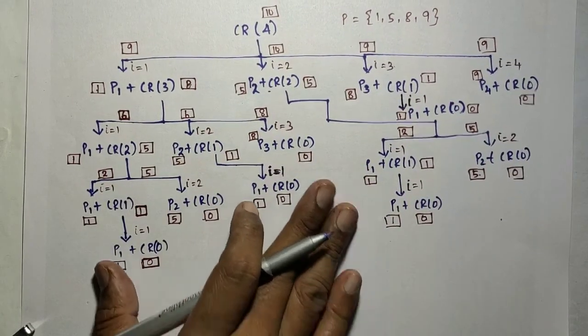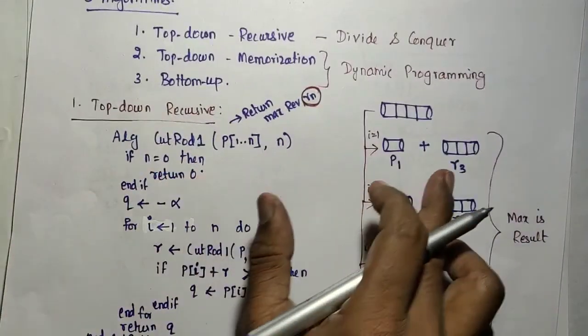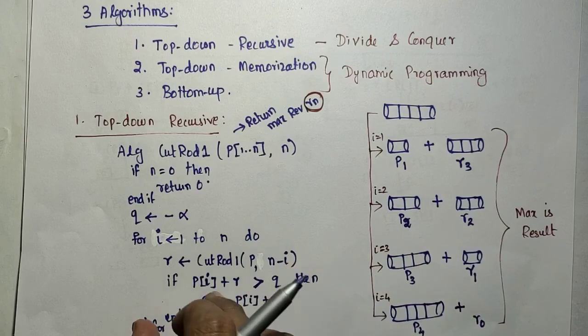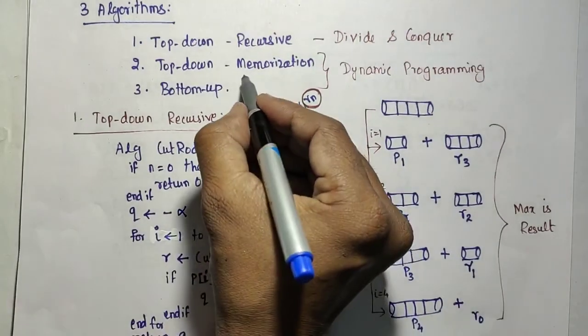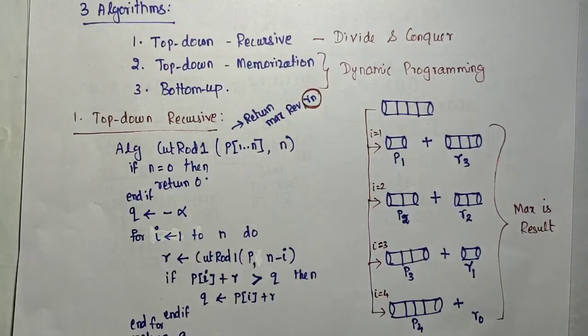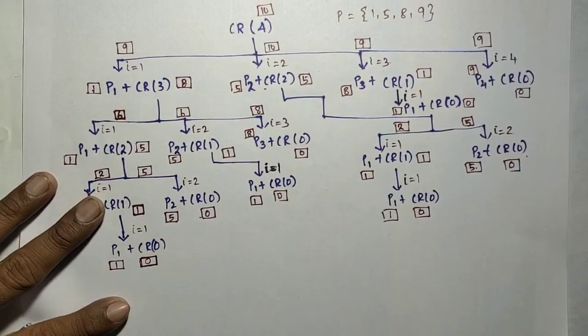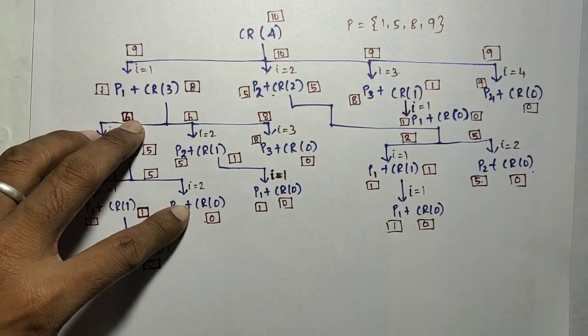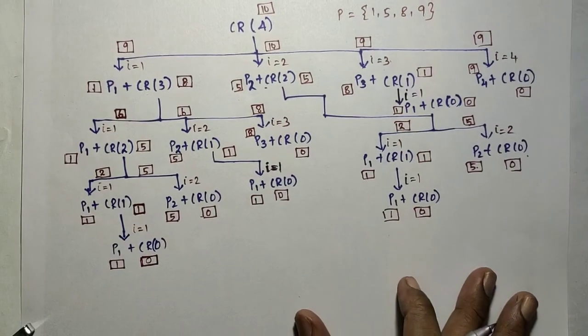So this is the drawback in this top-down recursive approach, which is actually divide and conquer. How we modify that algorithm by introducing the memoization concept, we will discuss in the next video. Please try to understand this problem and its drawback. If you have a doubt you can ask. Thank you.